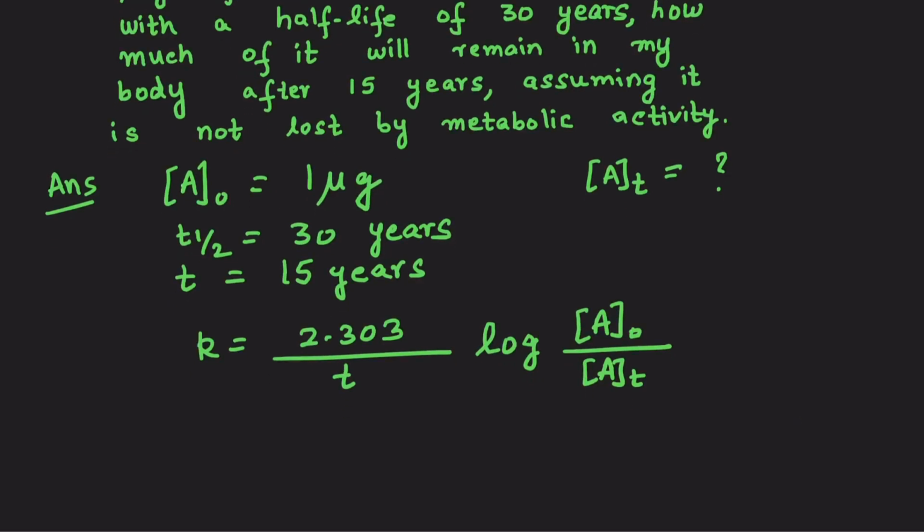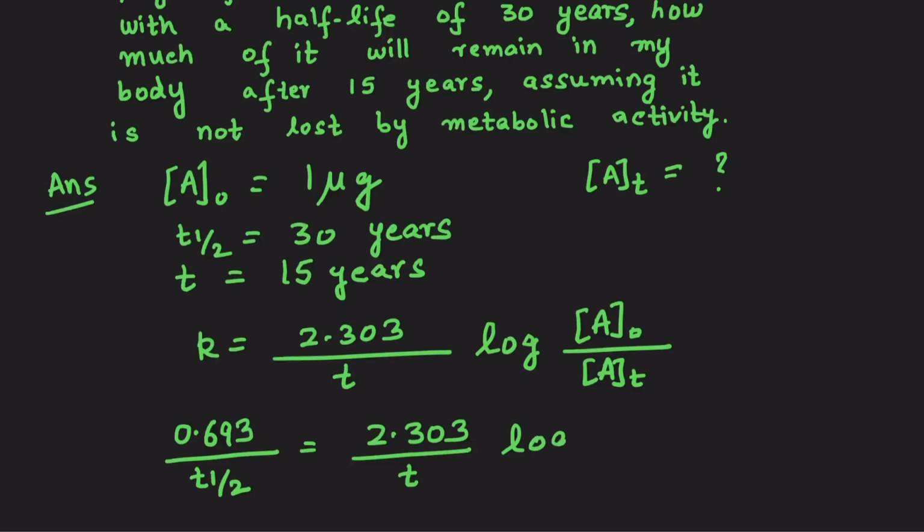So how can I determine the rate constant? Yes, of course, we know that the rate constant is given by the expression 0.693 divided by the half-life period. So the calculation becomes a lot easier.